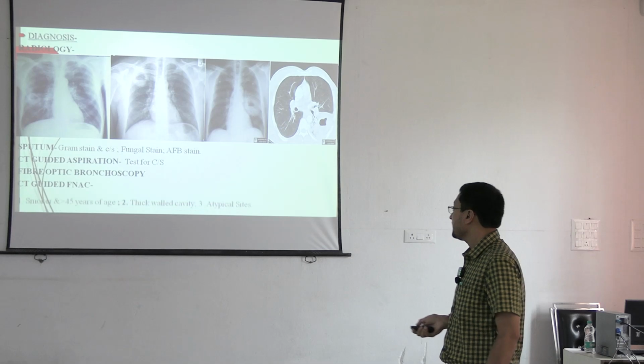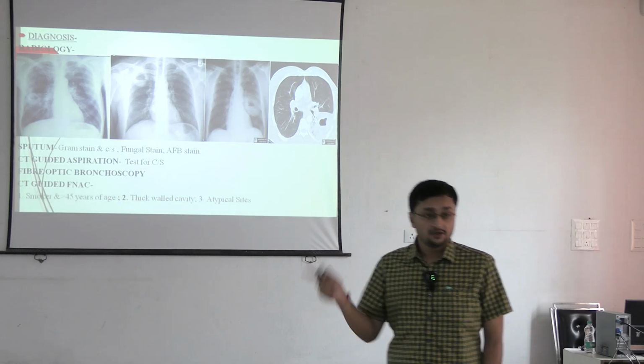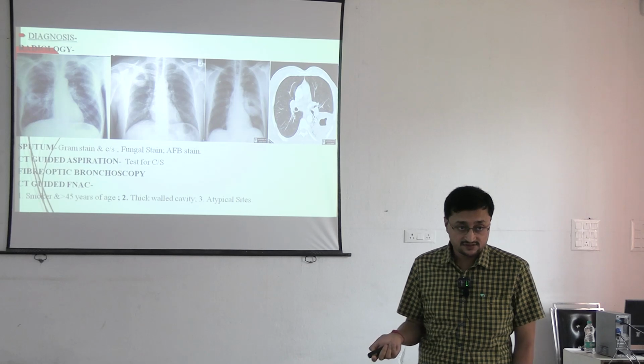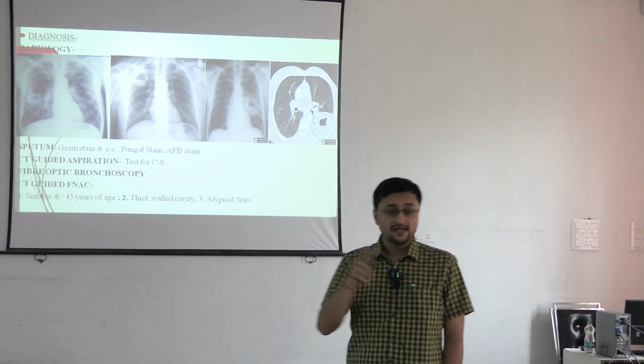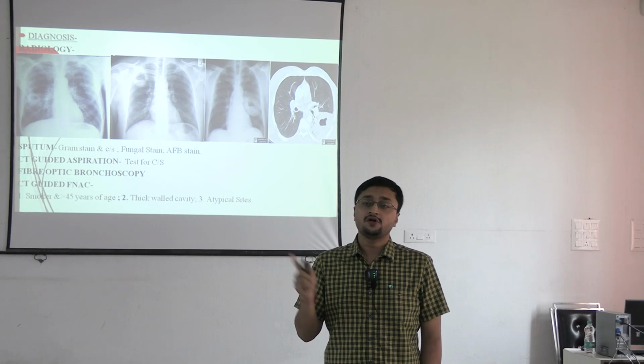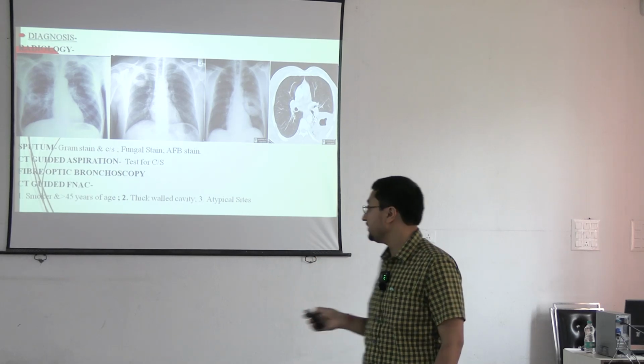Specifically a smoker more than 40 years, having weight loss or hemoptysis, thick wall cavity and atypical sites: if these are present, you should order CT guided FNAC from the abscess wall to exclude malignancy.